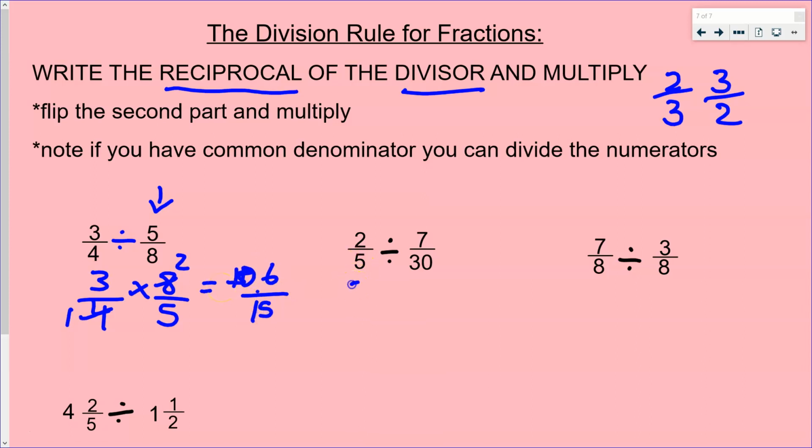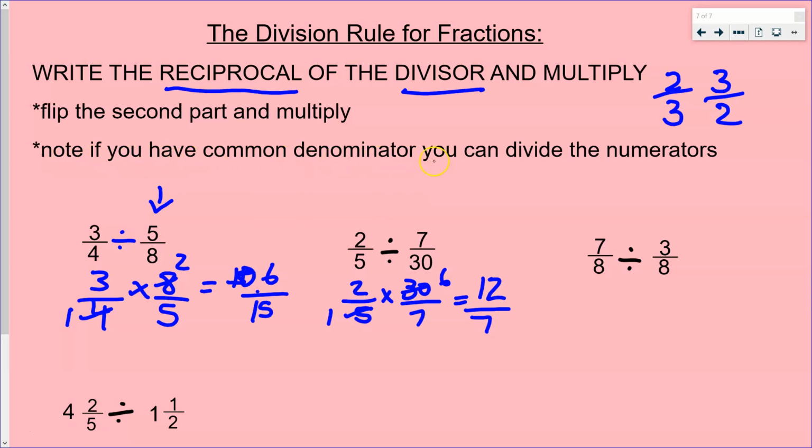Okay, flip the second one, multiply. Quite simple. Look to reduce on both, and your fraction will then be reduced. And unless it tells you to switch it back to a mixed number, you can just leave it like this for now.